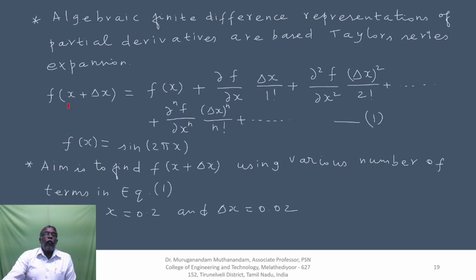I told you for every value of y, there is a corresponding value of the index i. Don't confuse, here I am using x, there I am using y. x is a variable, here I am not meaning the x coordinate direction. x is a generic variable.